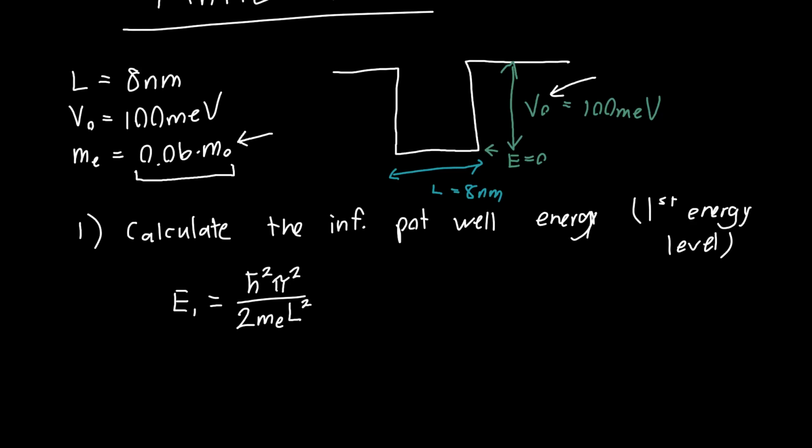I've gone over the reasons for that in other videos. If we plug in Planck's constant, pi, the mass of the electron, and the length of the quantum well, we'll get that the first energy level is about 98 millielectron volts.